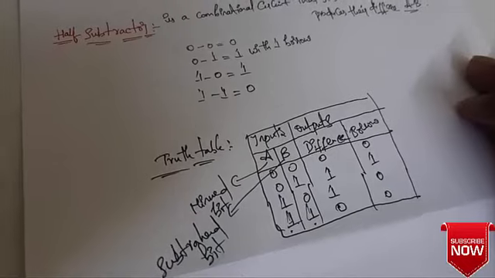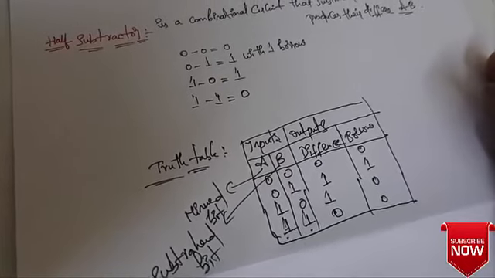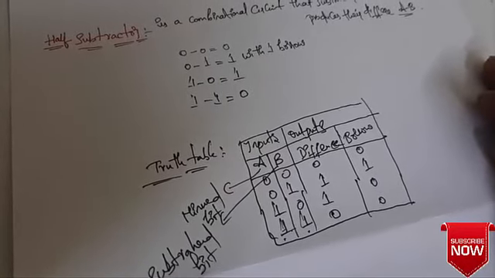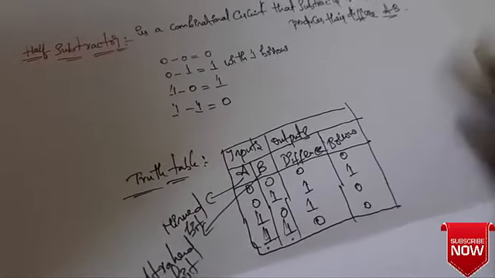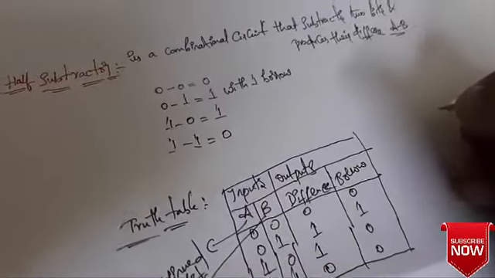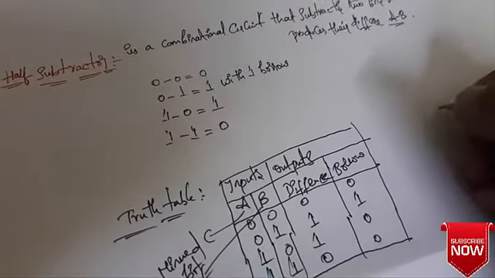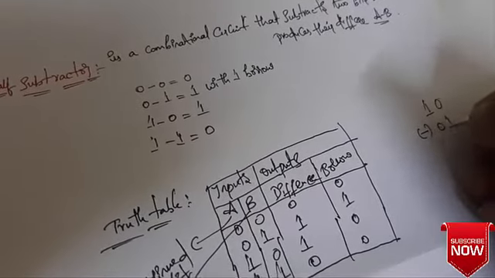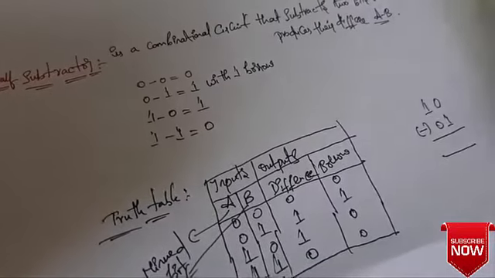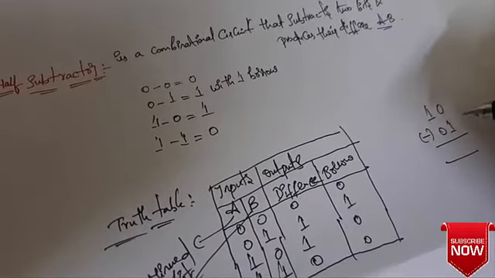Now let's take a small example of how this subtraction operation is done in this half subtractor. Let's see. Here if you take 2 bits, that will be 1 0 minus 0 1. Here these are binary numbers.